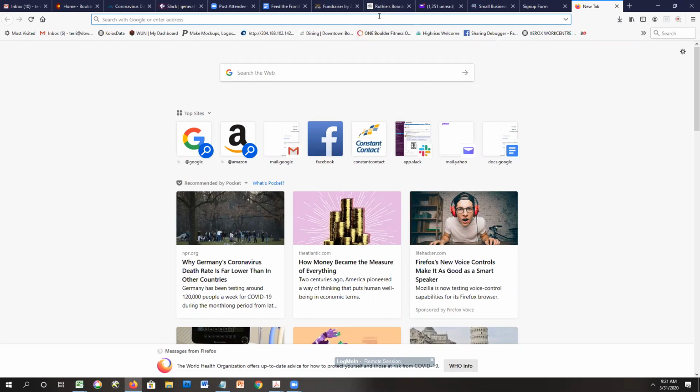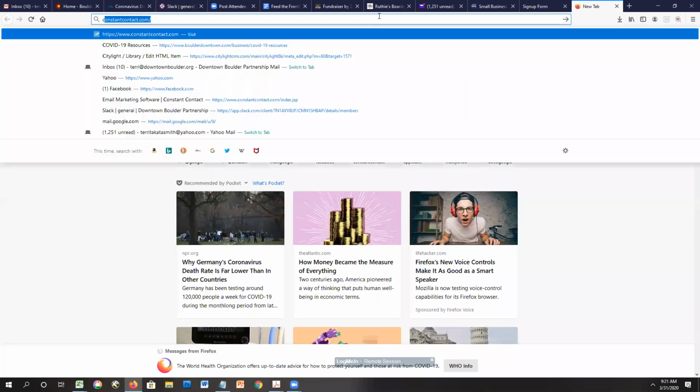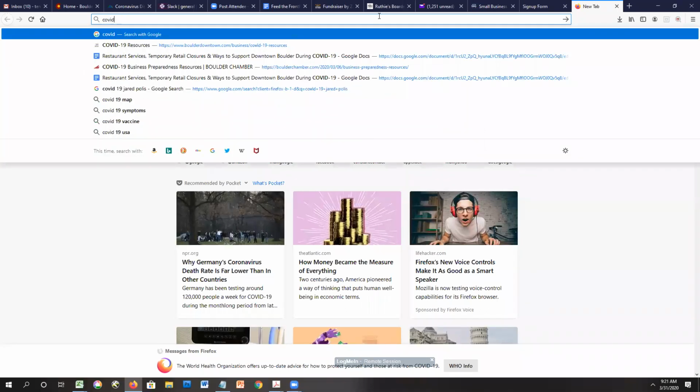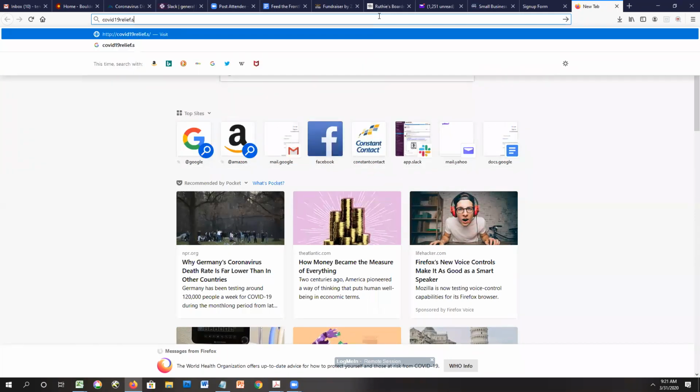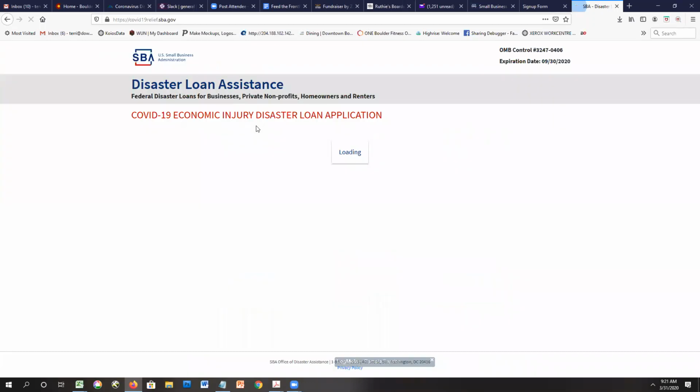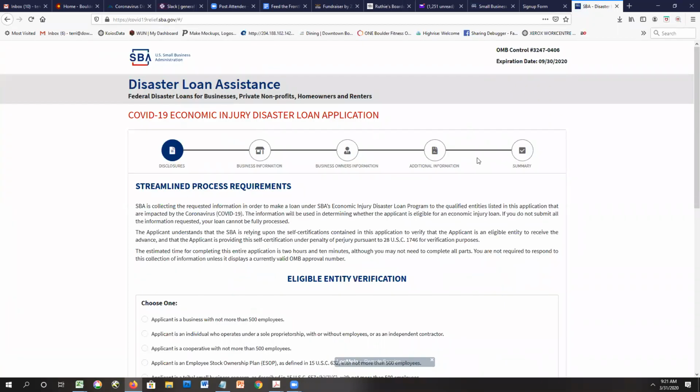It is COVID, no spaces here, COVID-19 relief.sba.gov/#. And again, Downtown Boulder Partnership will give you this. It is a quick application. It is an application for a loan.